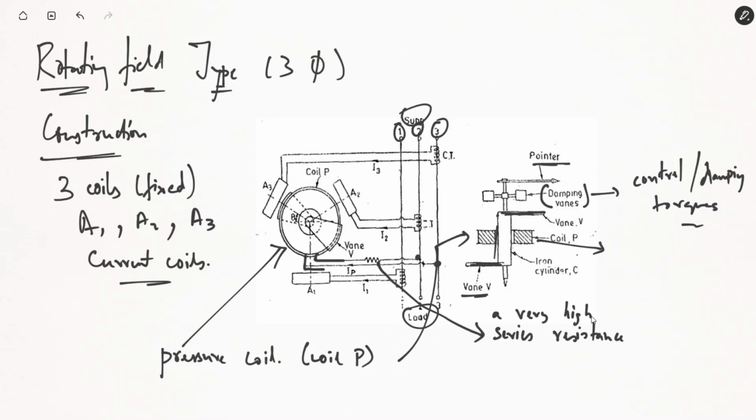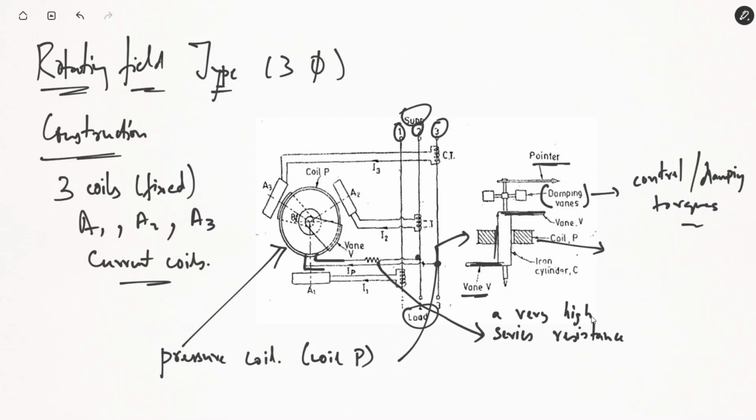Fine. We want to make sure that the current flowing through this coil P, IP, is almost in phase with the voltage V23 that will be applied to this coil.